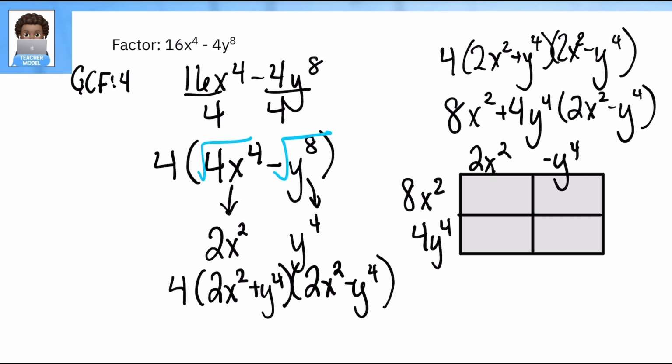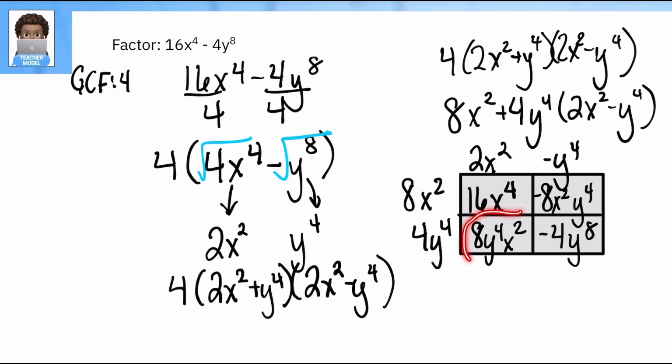Okay, so my first terms are 16x to the fourth. Here I have 8y to the fourth x to the second, negative 8x squared y to the fourth, and negative 4y to the eighth.